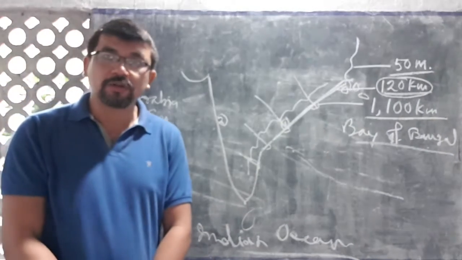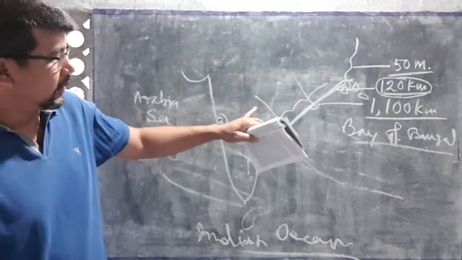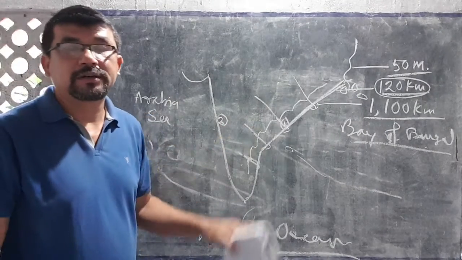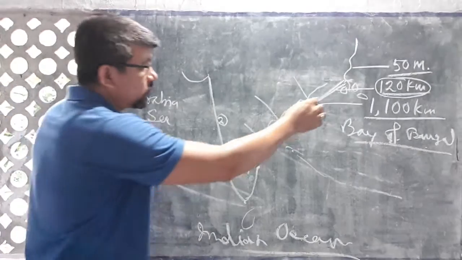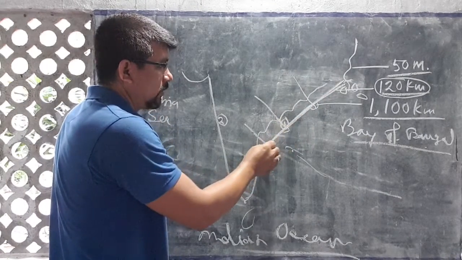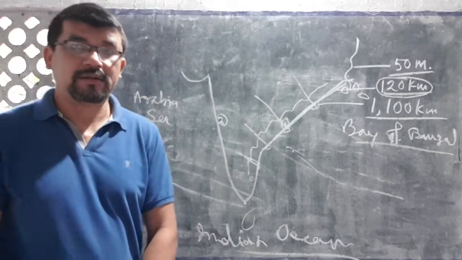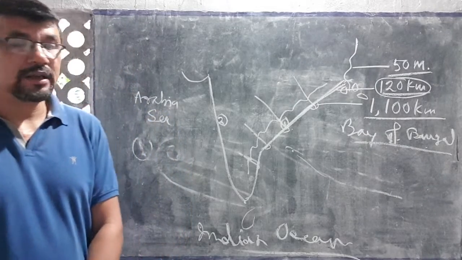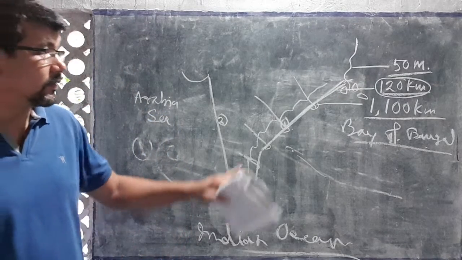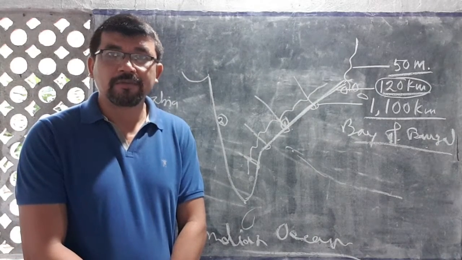Due to the action of sea wave and carrying material of different rivers of Deccan Plateau, the coastal region is gradually expanded. That means its width, its breadth is gradually increasing. Okay?